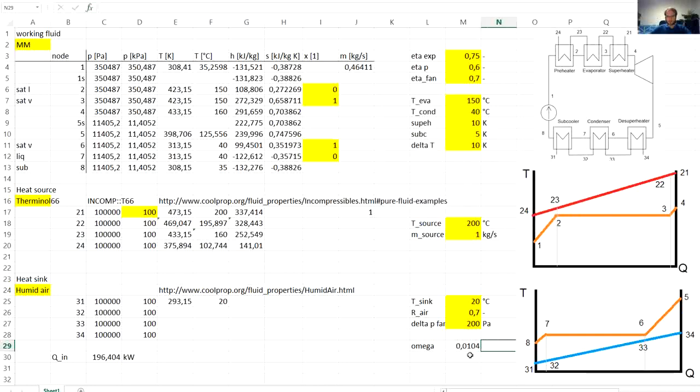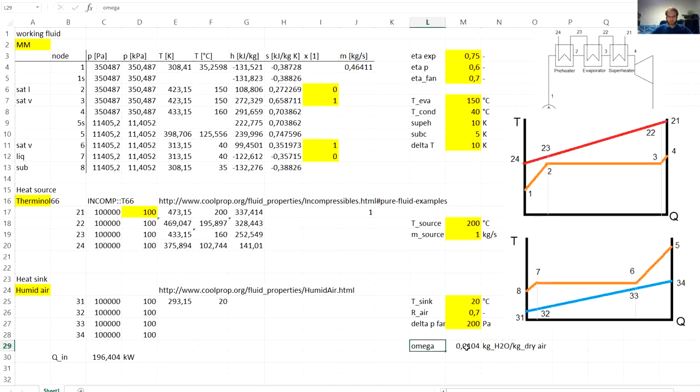So we get the value of 0.01 kilograms of water per kilogram of dry air. Now this is the parameter that will be constant regardless of the temperature. So now let's get the enthalpy.